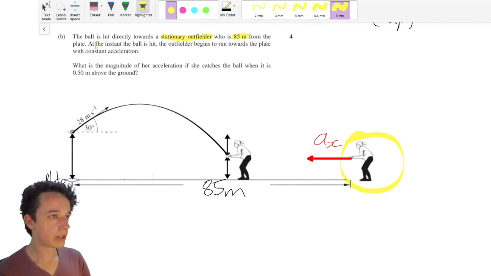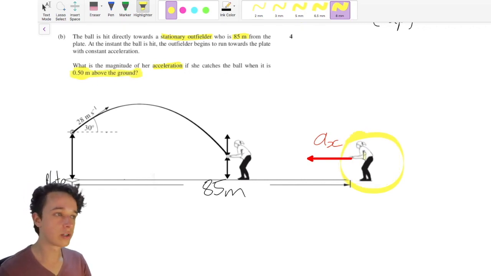All right, so at the instant the ball is hit, the outfielder begins to run towards the plate with constant acceleration. What is the magnitude of her acceleration if she catches the ball when it is 0.50 meters above the ground? So the outfielder is initially here. She starts running towards the ball once it's launched.